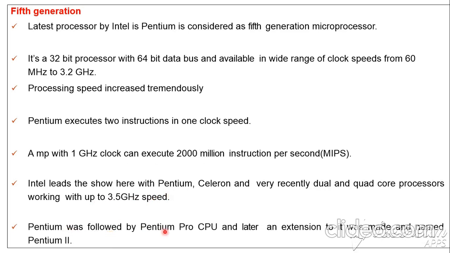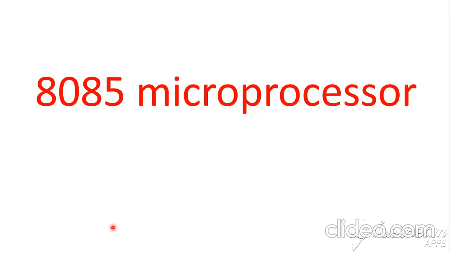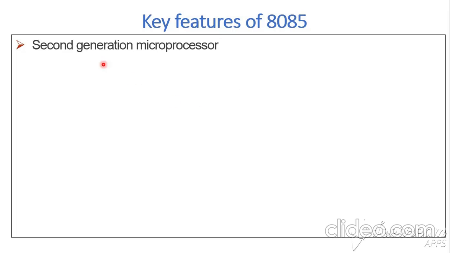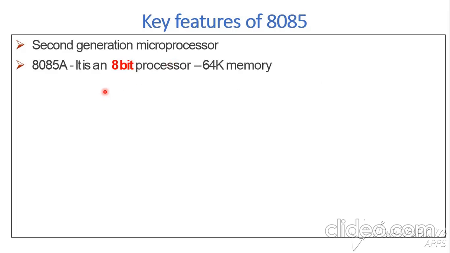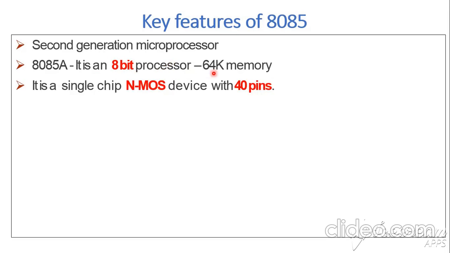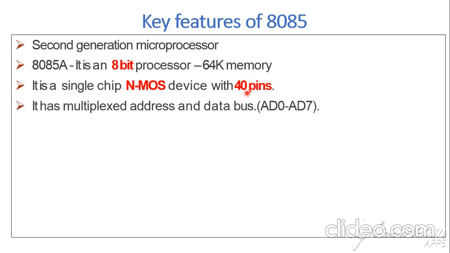And Pentium was followed by the Pentium Pro CPU, and later an extension to it was made and named Pentium 2. These are all about the evolution of microprocessors. Then about the 8085 microprocessor. It is a second generation microprocessor, and another key feature is that it is an 8-bit processor with 64K memory. NMOS technology is used here with 40 pins.